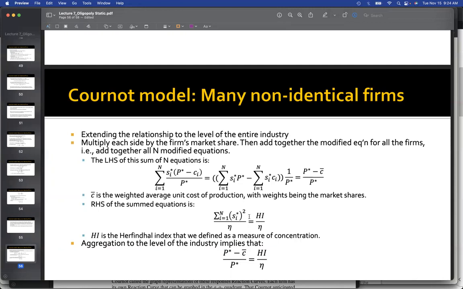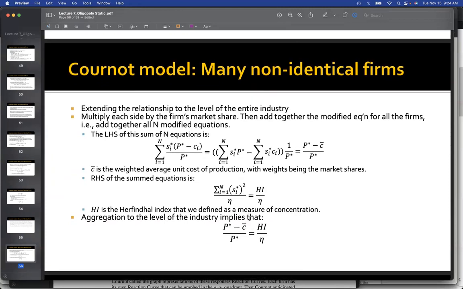I have a question. What do you call this term? It's the HHI, the Herfindahl index, which we defined way back. So aggregation to the level of the industry implies the following. You have HHI is related to the Lerner index through the elasticity of demand, or through the inverse of the elasticity of demand.